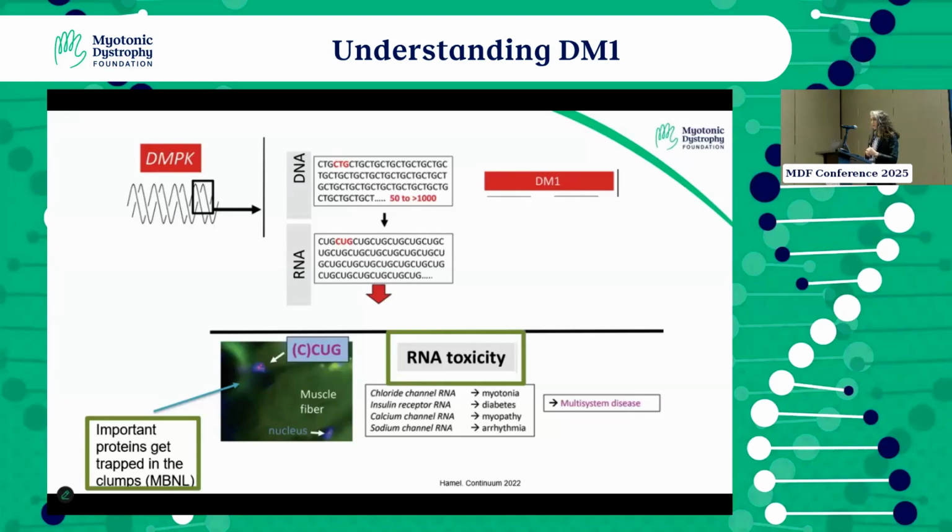And then also it can affect the sodium channel, which causes the arrhythmias in the heart. So this process is leading to the multi-system disease that we see clinically. And this is also an area where there's a lot of research being done for treatments to see if there's something we can do to prevent this process.